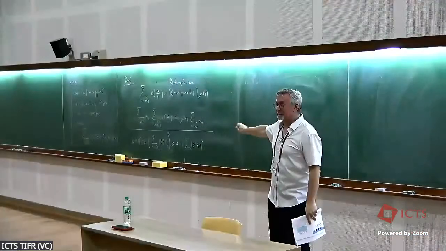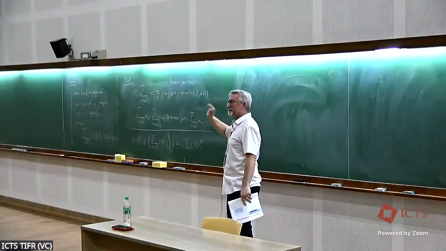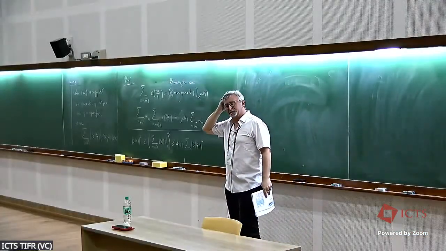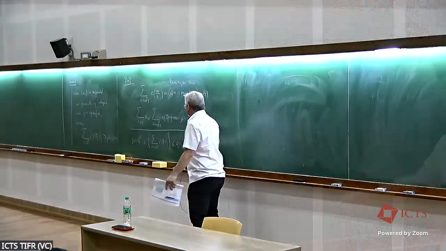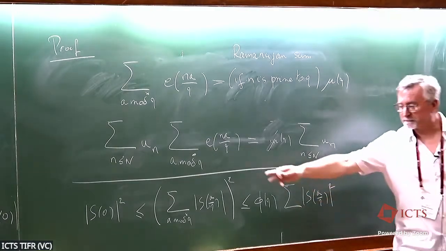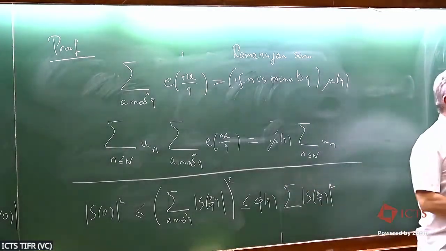I just write that because some people are not used to using Cauchy's inequality. And in analytic number theory, we use Cauchy's inequality over and over again. So I just state it. So you see, this one is larger than S of naught divided by phi of Q.